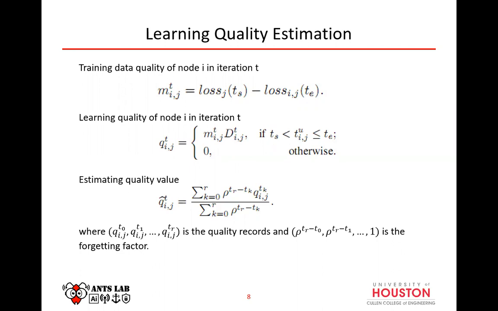Oh, so basically, if they found that a node's data distribution is more similar to the overall distribution, they think it has higher quality, right? Yeah. Oh, I see. Okay.